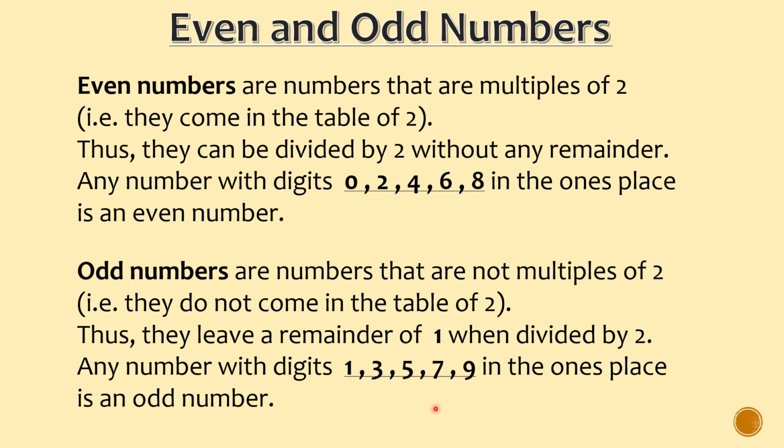That is very much obvious. 1 is not a multiple of 2, 3 is not a multiple of 2, 5 is not a multiple of 2, 7 is not a multiple of 2, and 9 is also not a multiple of 2. So any number that has these digits in the ones place is an odd number, because these digits are odd, so they'll make the whole number an odd number. Okay? Clear?